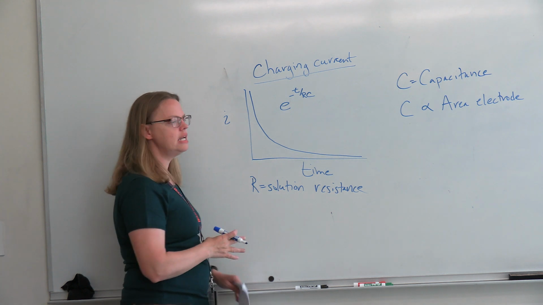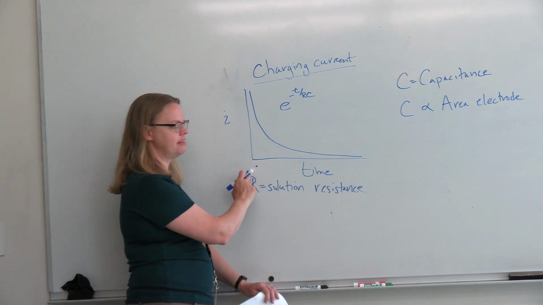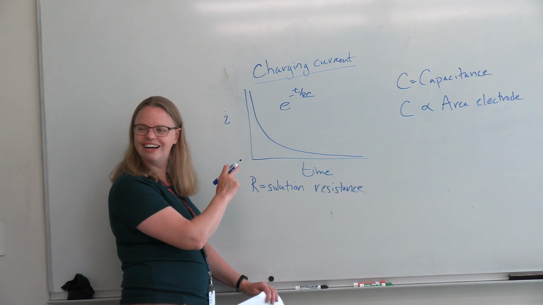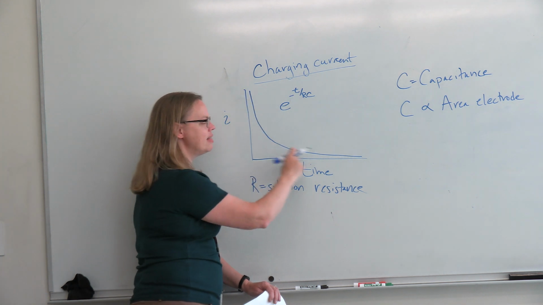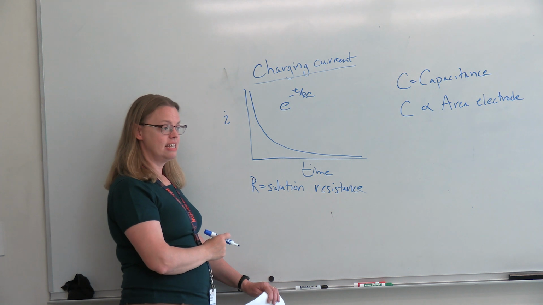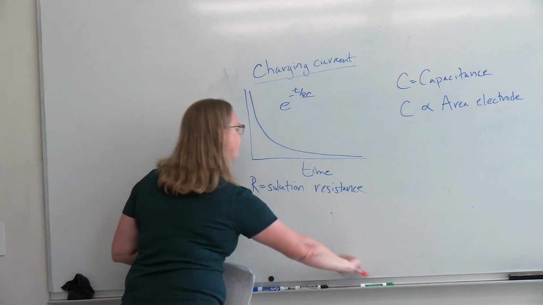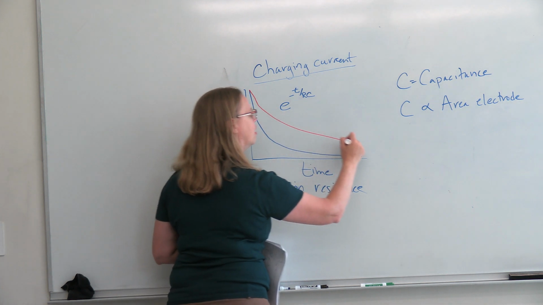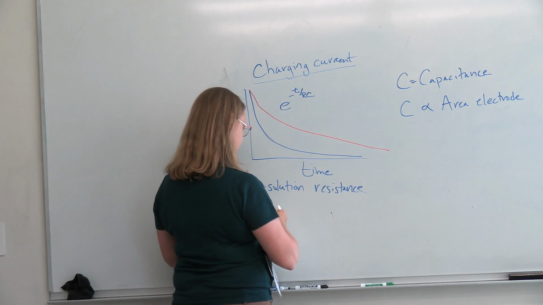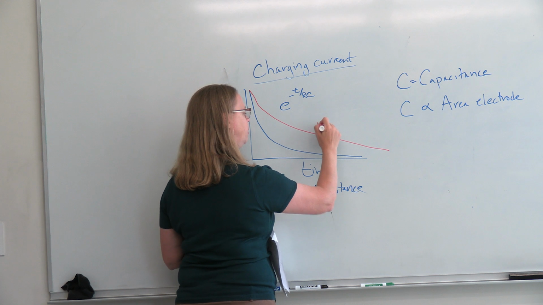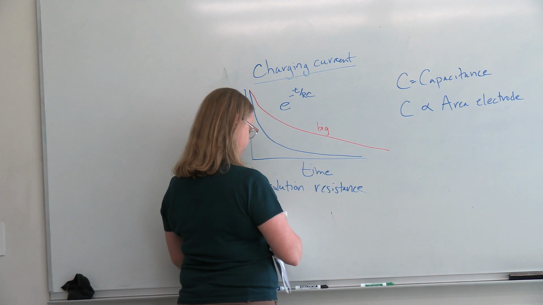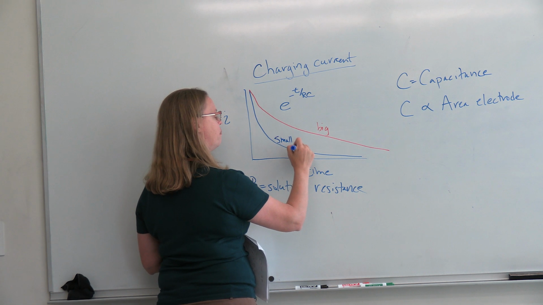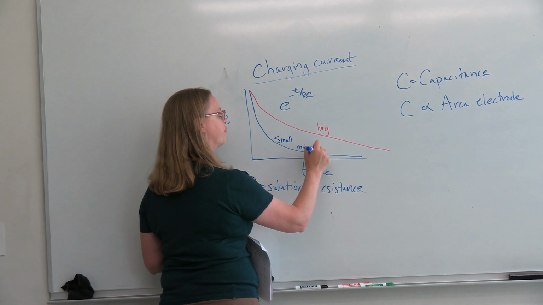And so one of the keys to doing any of the fast electrochemistry techniques I'm going to talk about, not this week, but next week, is that we want this to decay fast. And so if we have a big electrode, the decay might look like that, right? Whereas the one I drew in blue might be more indicative of a small microelectrode.